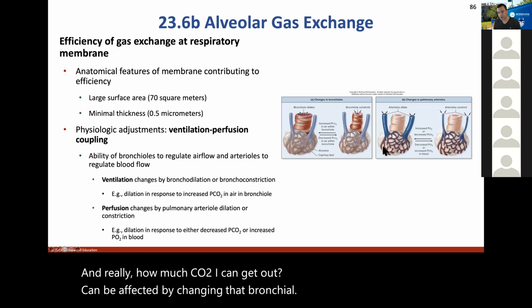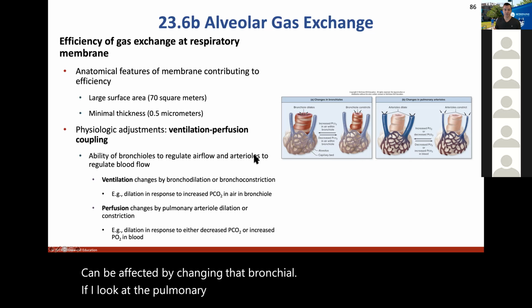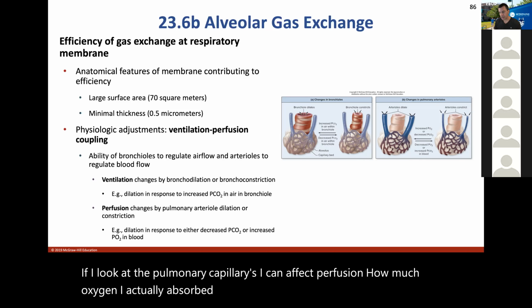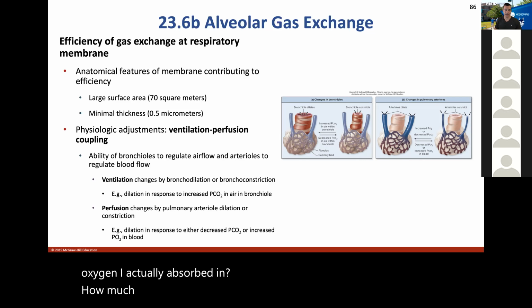If I look at the pulmonary capillaries, I can affect perfusion, how much oxygen I actually absorb, how much CO2 I can help secrete out, by affecting dilation or constriction, vasoconstriction, vasodilation.